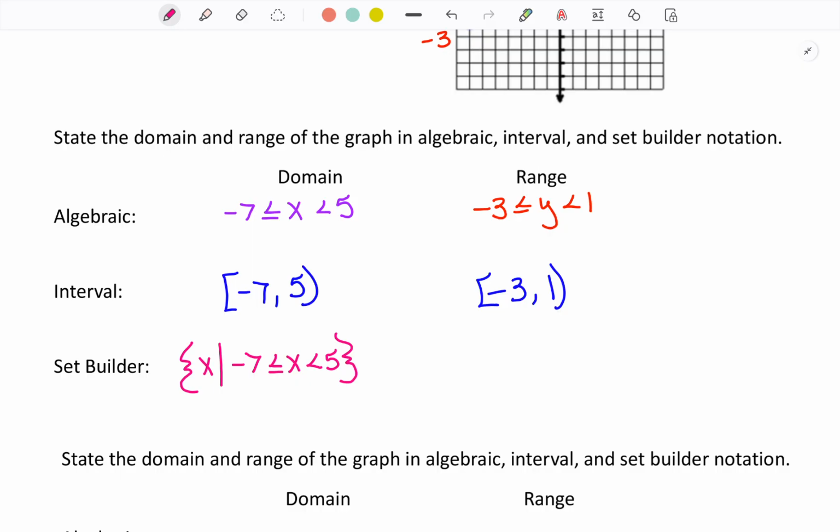And then your set builder notation for your range, you're going to have that brace, and then since it's range, you're going to use y is such that -3 is less than or equal to y, which is less than 1.